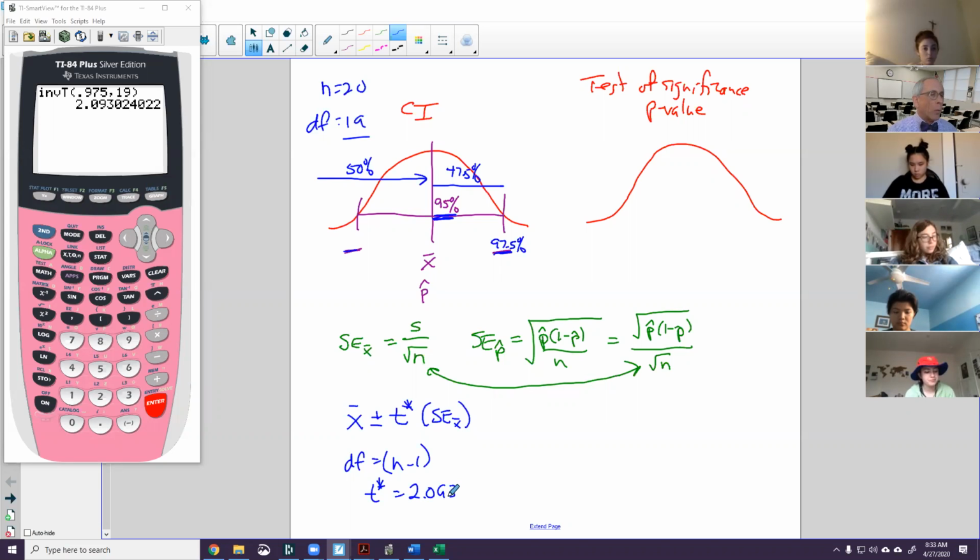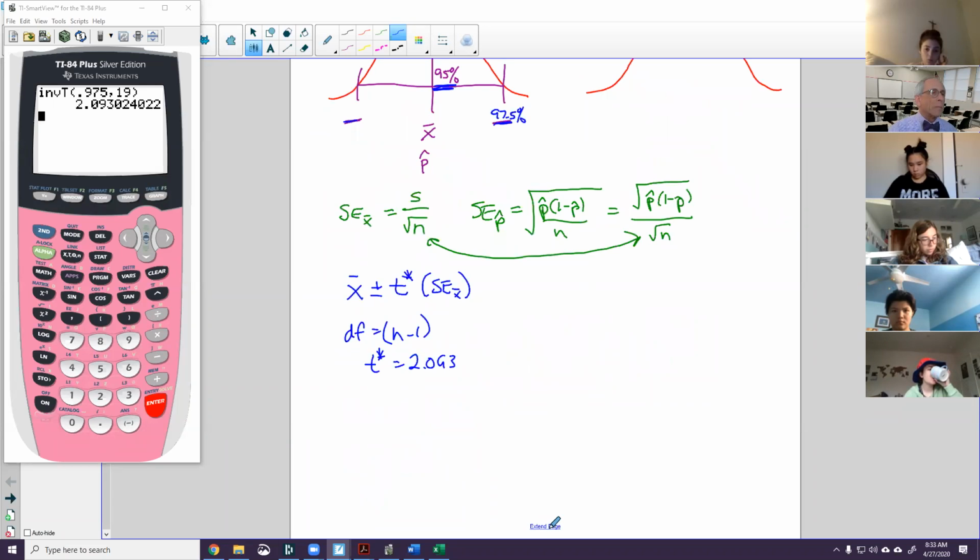Okay, so when I want to calculate the confidence interval, I'm going to take my x bar and I'm going to go plus or minus 2.093 times whatever I got from my standard error of the x bar.